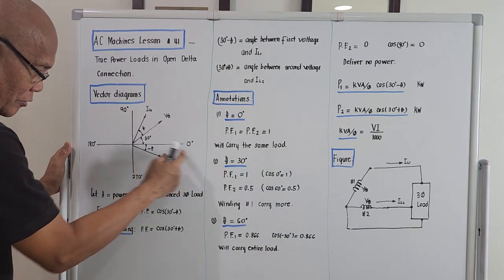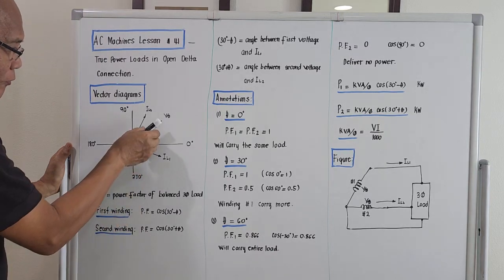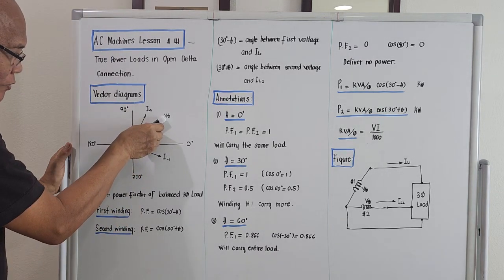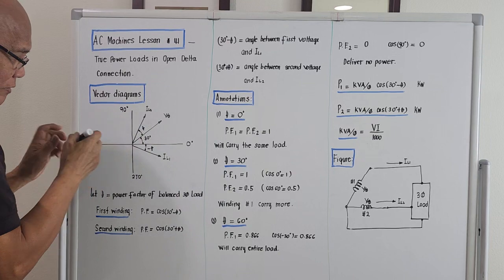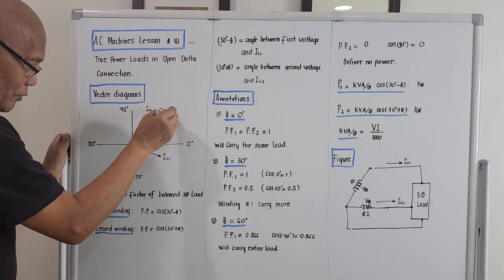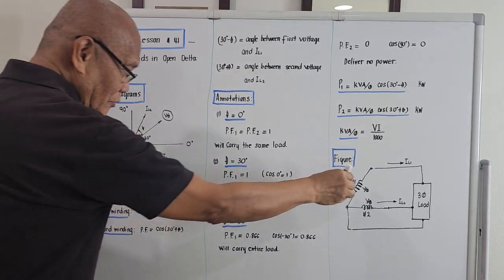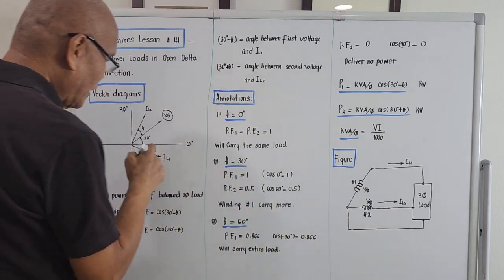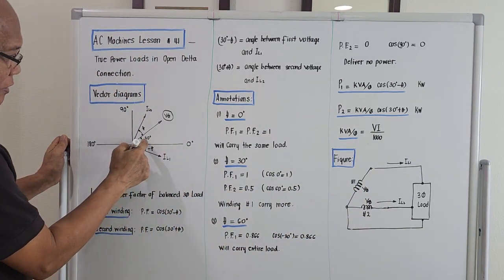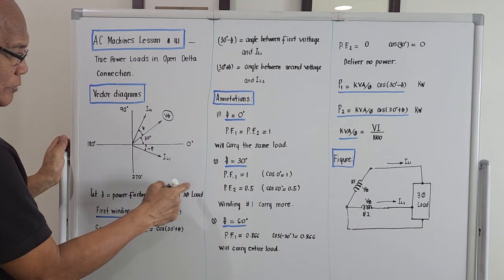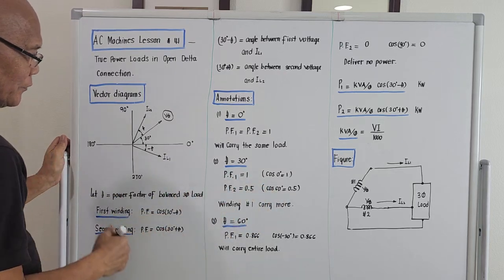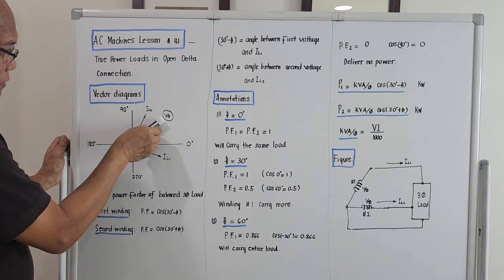This is the 0 and 180. The voltage per winding is the voltage across this and this. I place it at the location 30 degrees, so it matches our equation. So this is at 30 degrees.